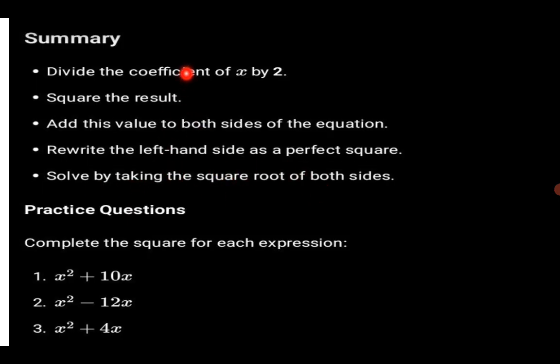So that's the method of completing squares as a tool to solve quadratic equations. So kindly complete the squares for these expressions. We have x squared plus 10x, x squared minus 12x, x squared plus 4x. Kindly do this and share your results with me to the numbers that I shared earlier on.